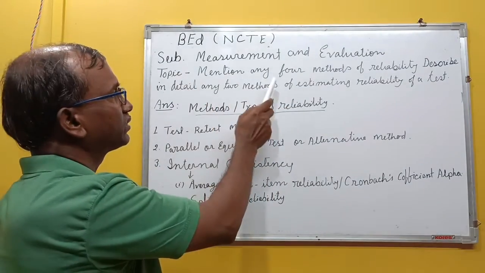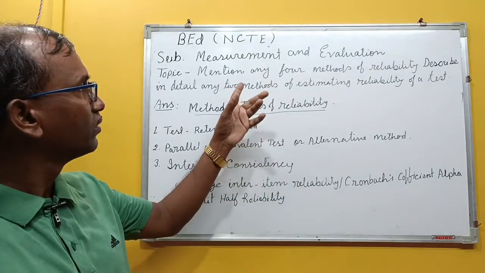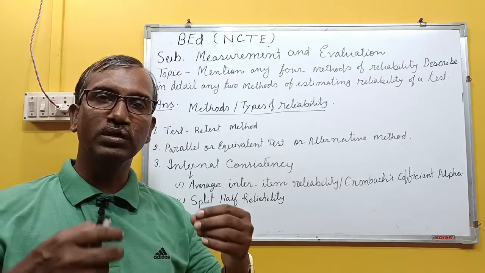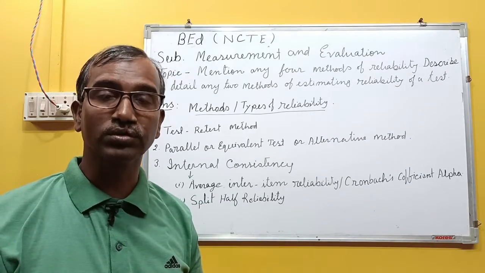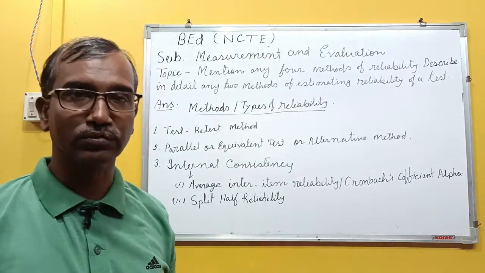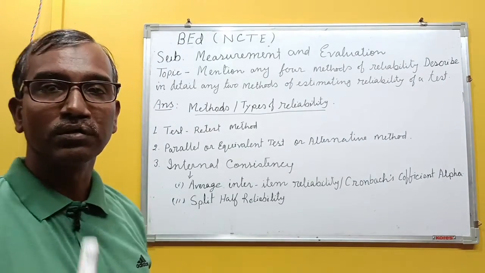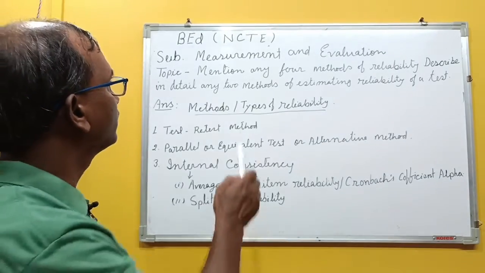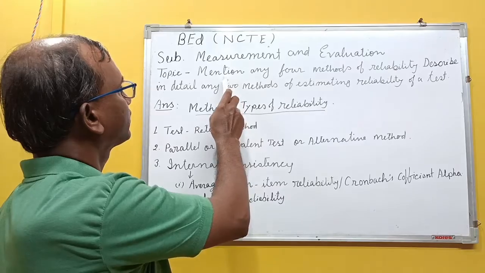The topic is taken in the form of a question because it will be an example of the question you will face in the examination hall. In different universities, a question related to reliability is often asked.